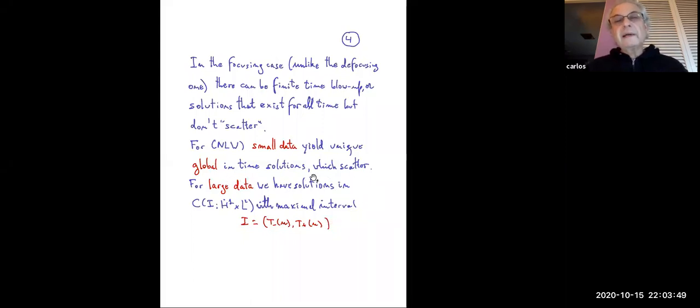If you have a large data, you can solve for some time. And then there is a maximal time of existence. And this time of existence depends on the whole pair u0, u1. It doesn't depend just on its norm.